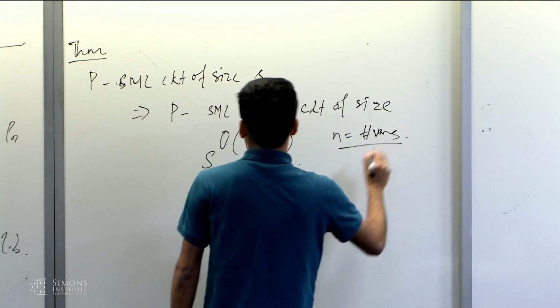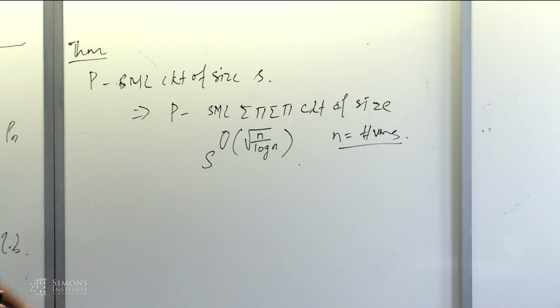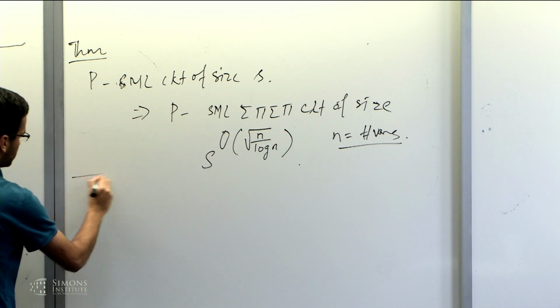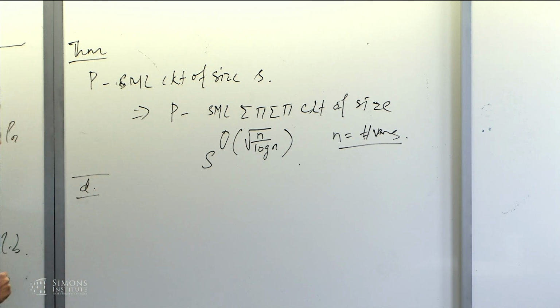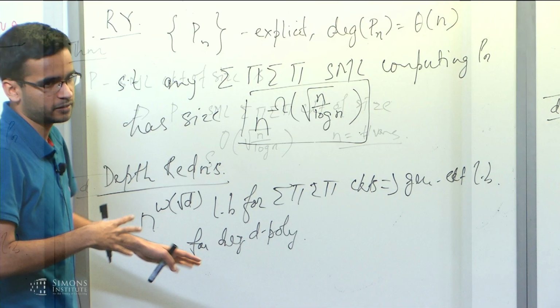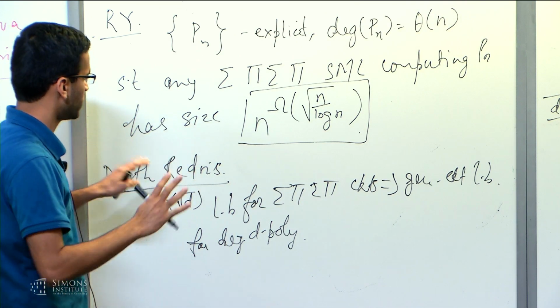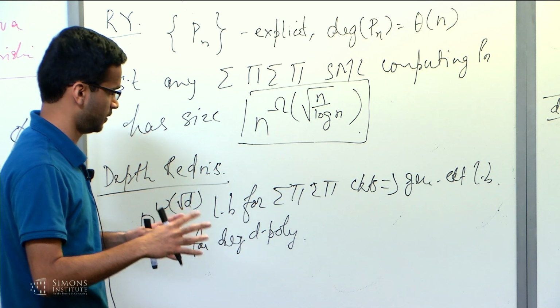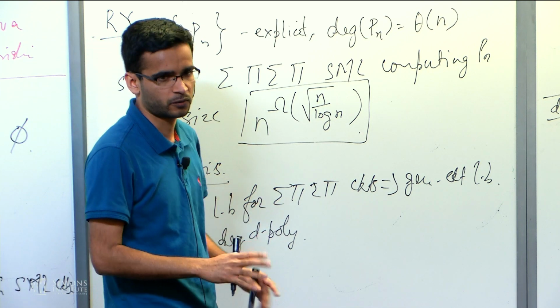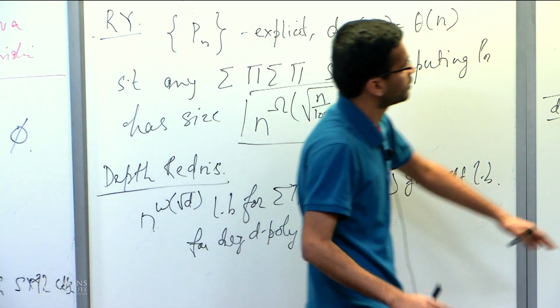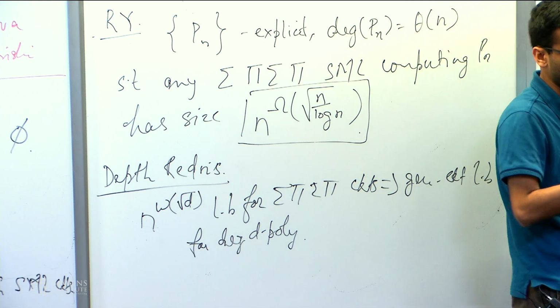Degree. Right. So this bound. Good. So what happens as the degree varies? If degree is much smaller than n over log n, then this is actually a better bound. The usual depth reduction results of Agrawal-Vinay with these new parameters by Sebastian are the better bound. So n to the root d is a smaller number than n to the square root of n over log n.